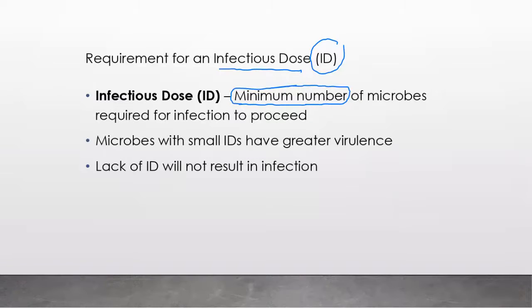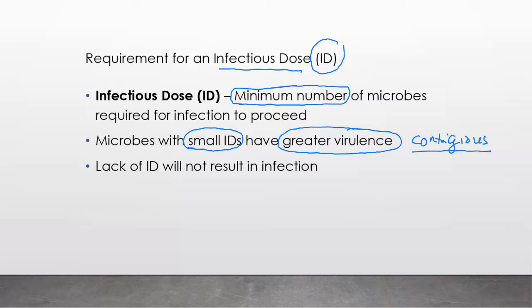So therefore, the lower the ID, then the greater the virulent factors, and also the greater is the contagious disease. Okay, so the smaller the ID, the more contagious the disease gonna be or the pathogens gonna be.